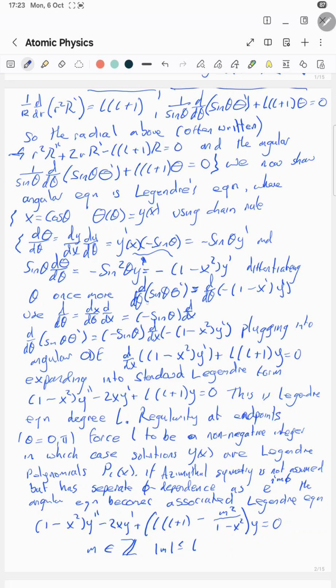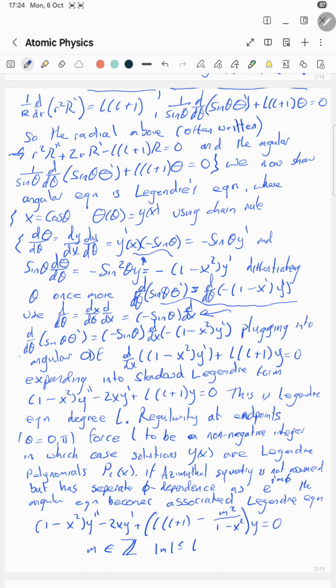And we differentiate once more, which gives us here, and we use the chain rule, which gives us minus sine theta d by dx. So d by dθ of sine theta Θ prime equals minus sine theta d by dx of minus 1 minus x squared y prime.